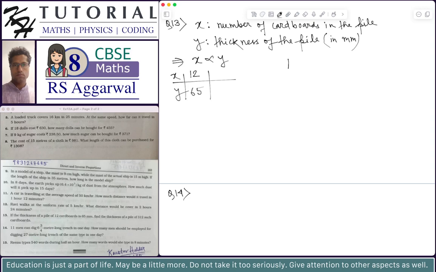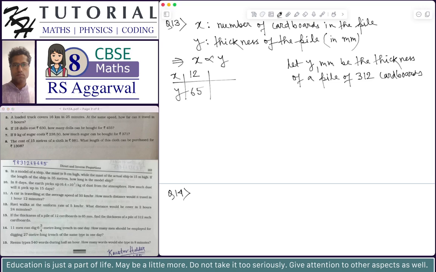So let Y1 millimeter be the thickness of a pile of 312 cardboards.